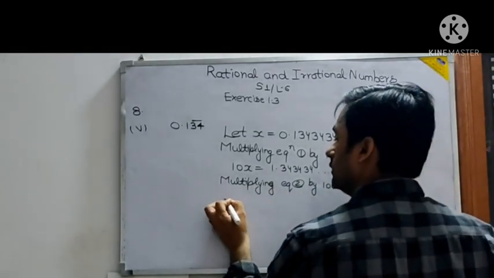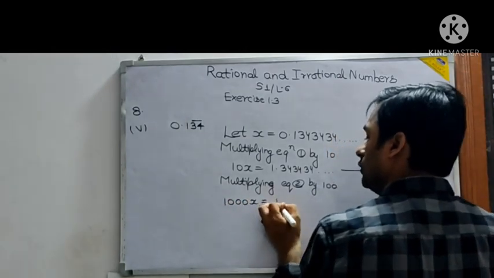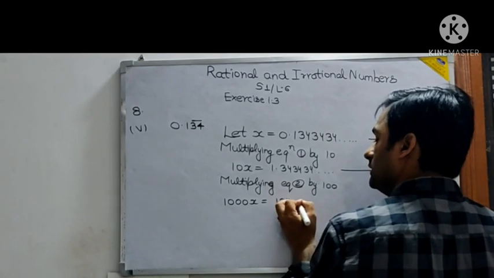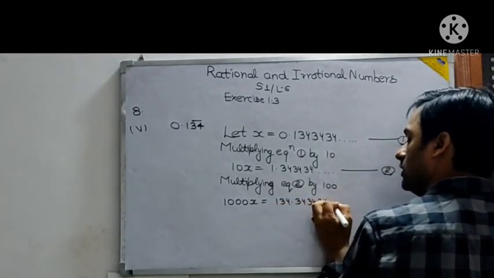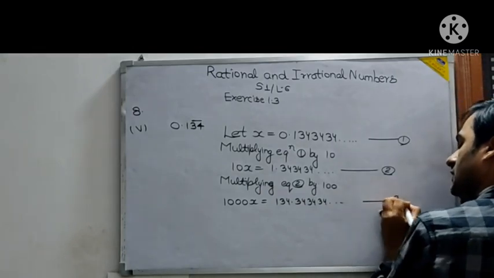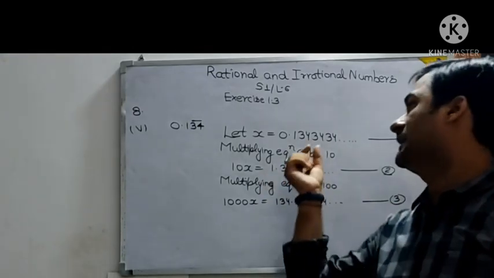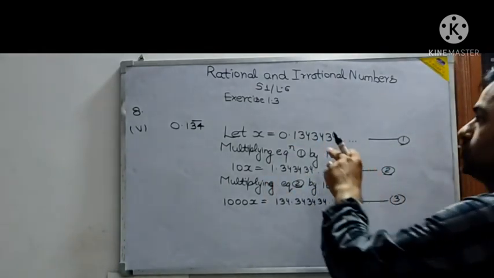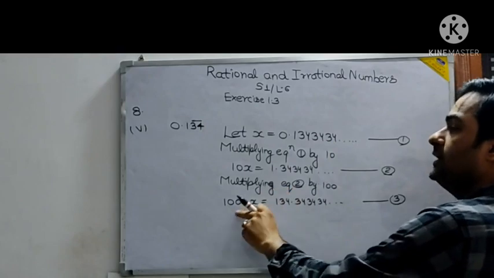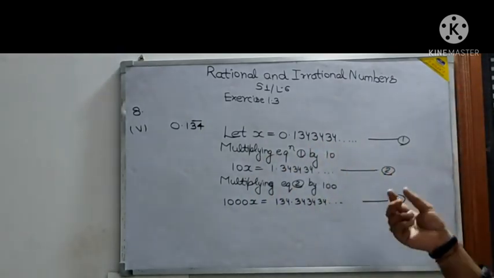You will get 1000x is equal to 134.343434 dot dot dot. This is equation number 3. A little bit of difference is coming here. So as many repeating digits are there, basically two repeating digits, we have to multiply by 100 here. One time we are multiplying already, but here two digits is more.